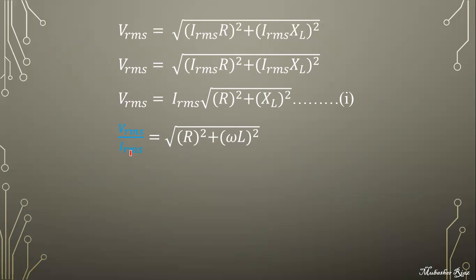So VRMS over IRMS becomes equal to R square and XL replaced with omega L.